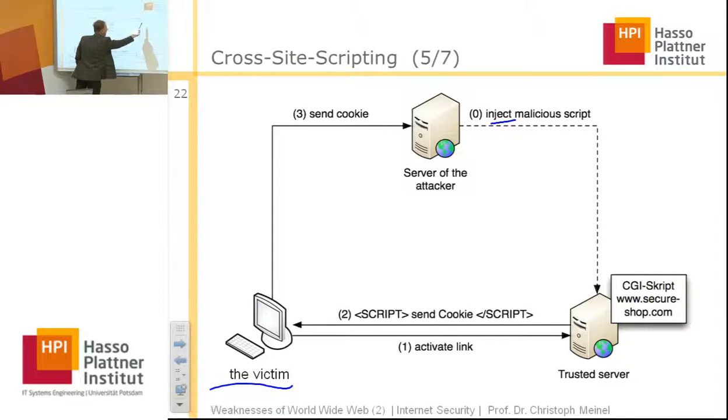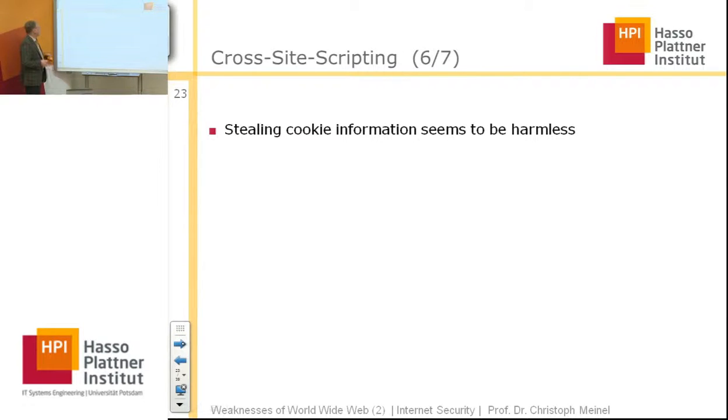The attacker in the beginning injects some malicious script, so that if the request is answered by a cookie, this malicious script is in it, and then the attacker can see and read the cookies. Is this dangerous?